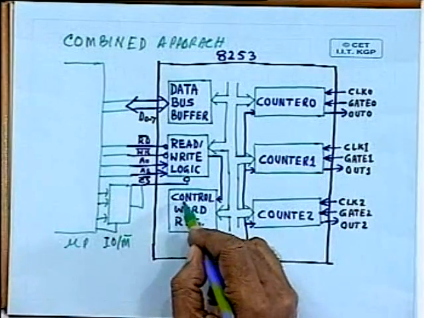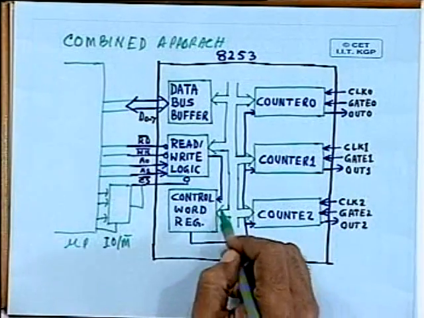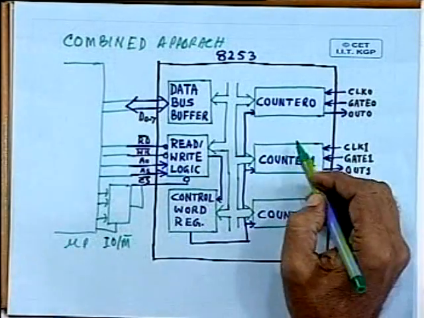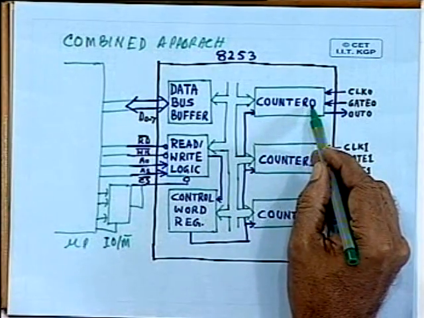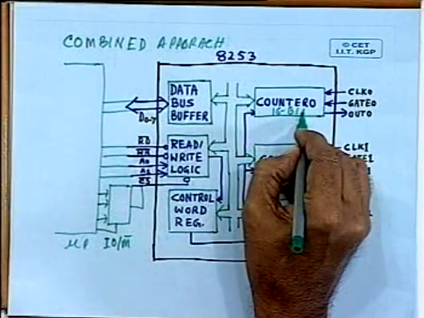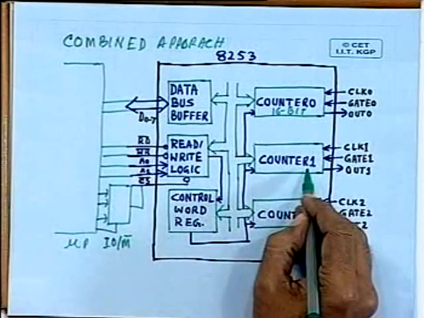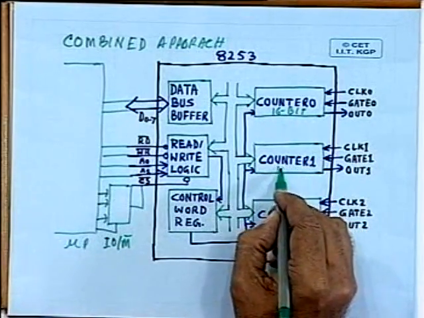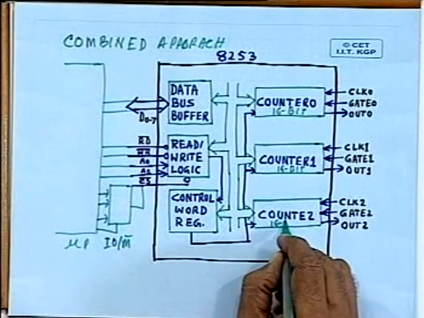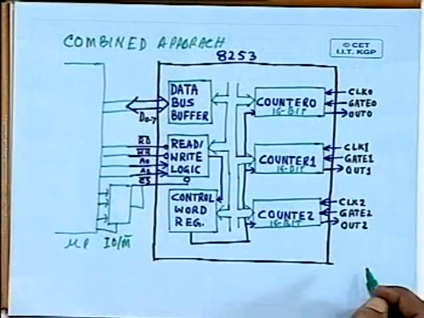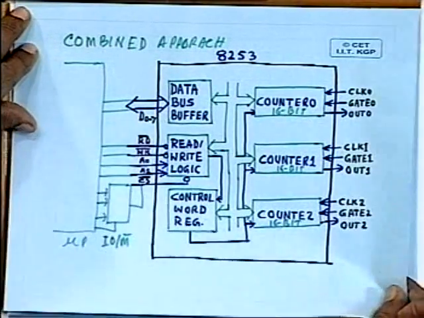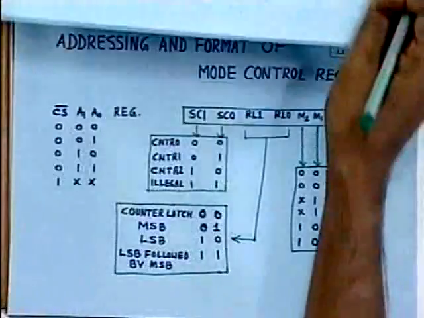One is the control word register, which is very vital, and by programming this you can configure the mode of operation, and you have 3 16-bit registers which can be used as counters, and these counters can be used to generate clocks, delays, and various other things. Let's see how it can be done, and to do that you have to understand how these registers can be accessed.